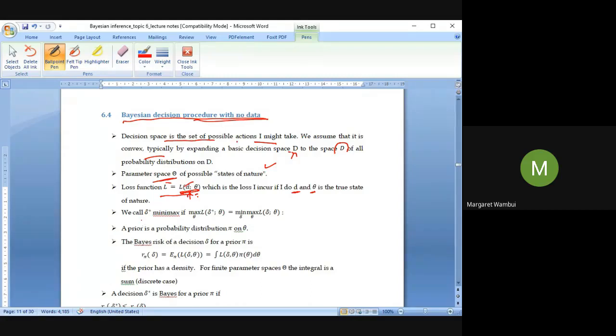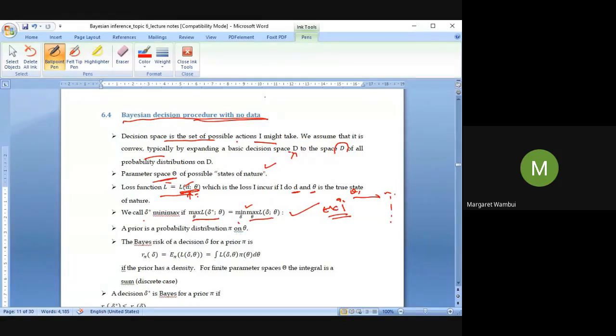So let's see. Then we call delta star minimax if the maximum of the loss function is equal to the minimum of the maximum. If you remember, this is what we did in our example 1 up there, where you have the states of nature here, you have the actions here, you are picking the maximums up here, and then out of the maximums, we were picking the minimum.